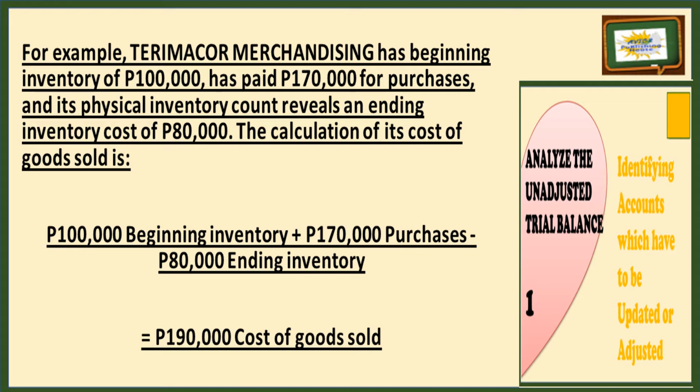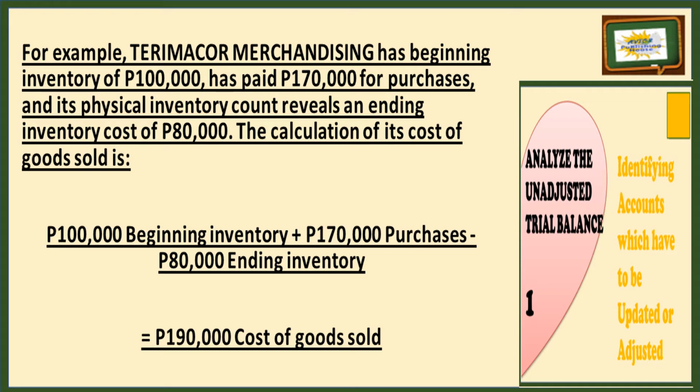So let's compute for the cost of goods sold in the periodic inventory system. For example, Tarimacor Merchandising has beginning inventory of 100,000, has paid 170,000 for purchases, and its physical inventory count reveals an ending inventory of 80,000 cost.